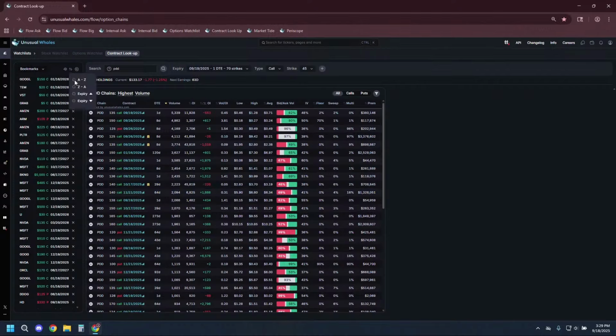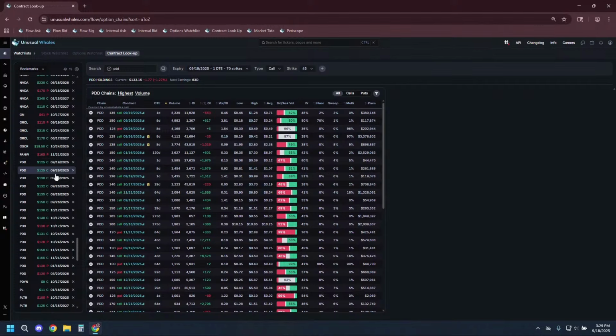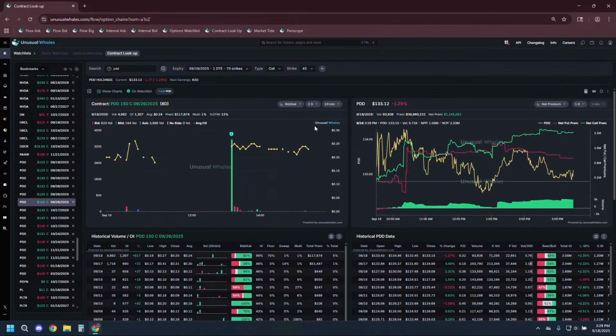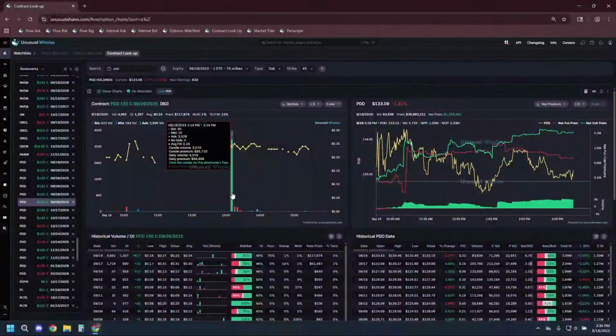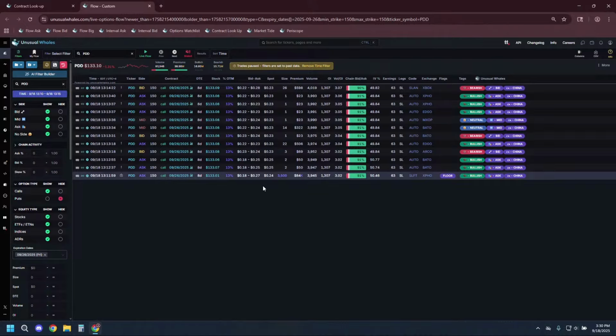I'm tracking a couple other ones, but let's just see. 150, 26. Here we go. So opening activity, it's very clearly opening activity. Kind of lotto-ish. I mean, it's 150. Widespread, so it's coming in kind of close to the mid.